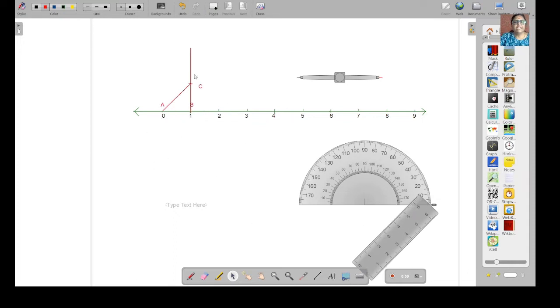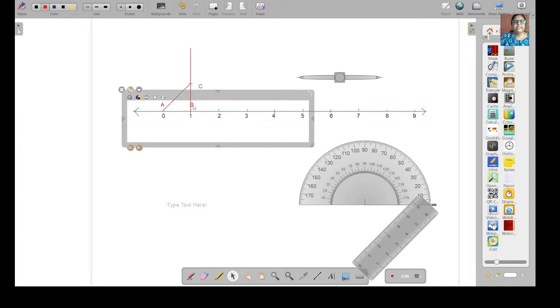So now this is a right angled triangle. In that right angled triangle, you can see AB is equal to 1 unit, BC is equal to 1 unit.